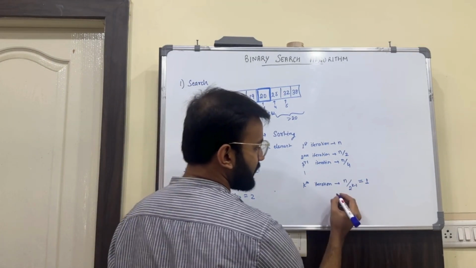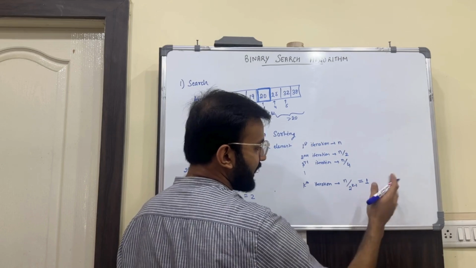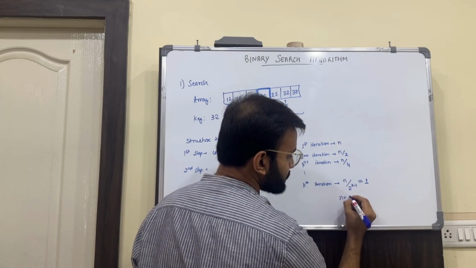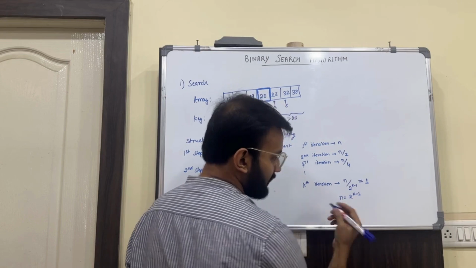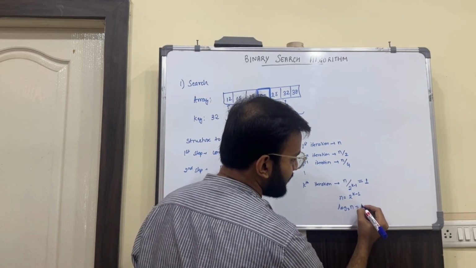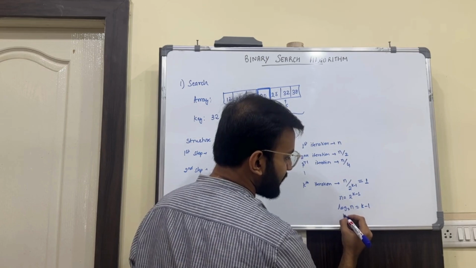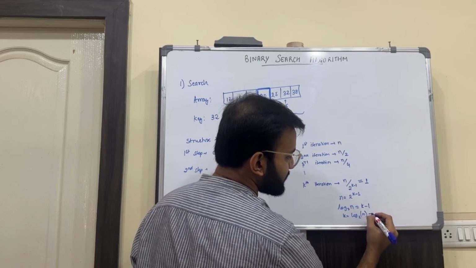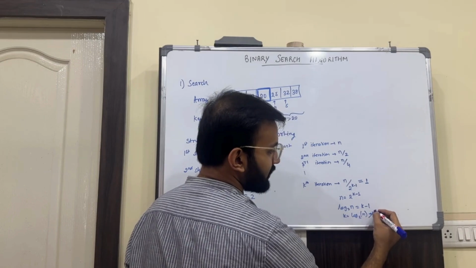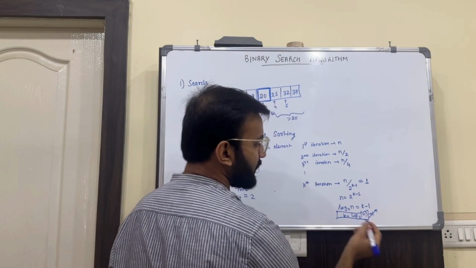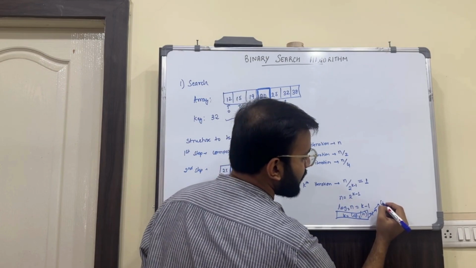I can simply transfer 2 to the power k minus 1 to the right hand side, take a logarithm on both sides, and I will arrive at this. My k is log n base 2 plus 1. I can ignore the 1 because it's a constant term. So my time complexity turns out to be log of n, which is logarithmic.